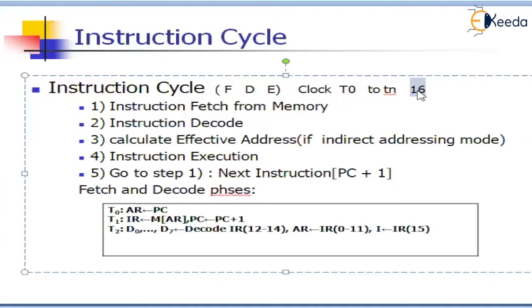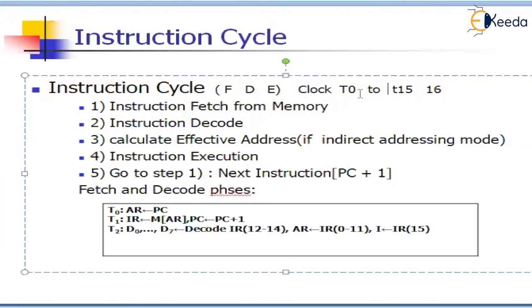It will start from T0 and end with T15. From T0 to T15, all these operations, fetch, decode, and execution, should be performed. At the end of T15, we will again reset the clock back to T0. T0, T1, T2, T3 till T15. So every instruction will be executed within these clock pulses.